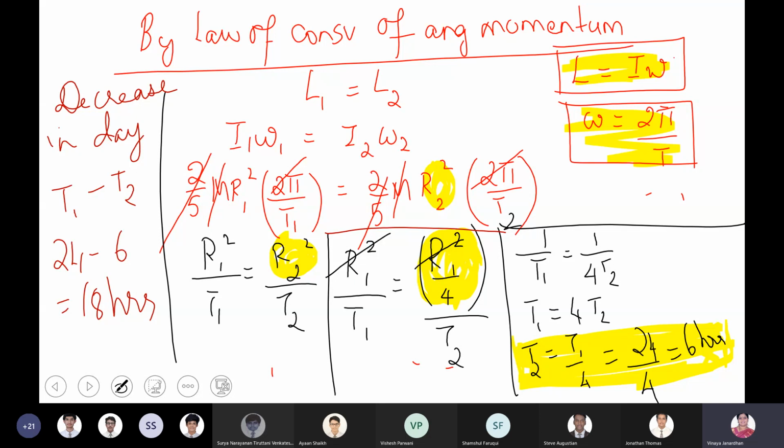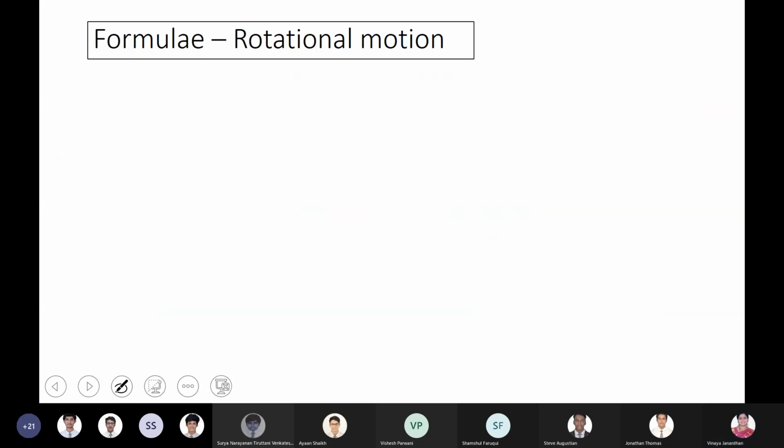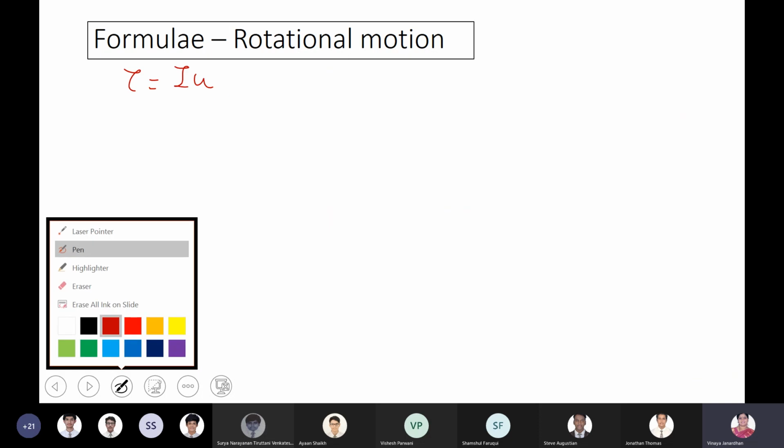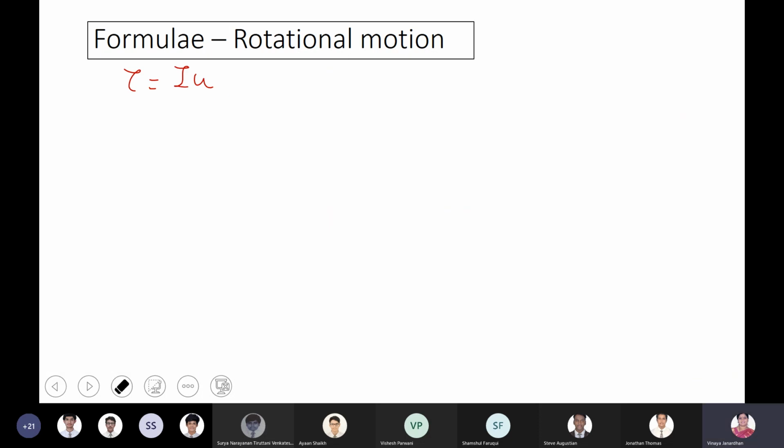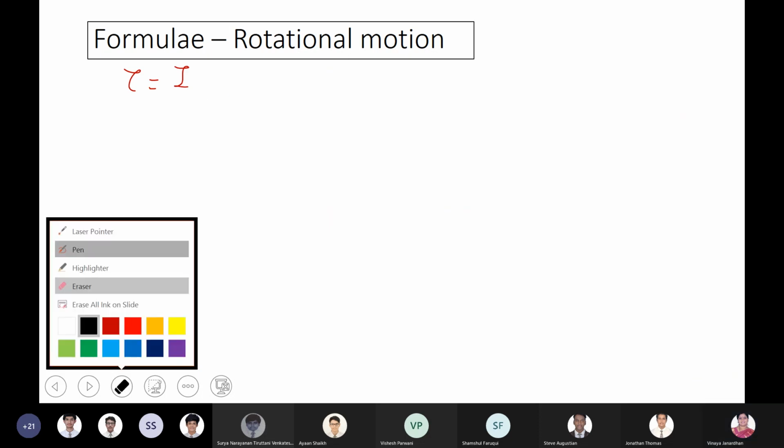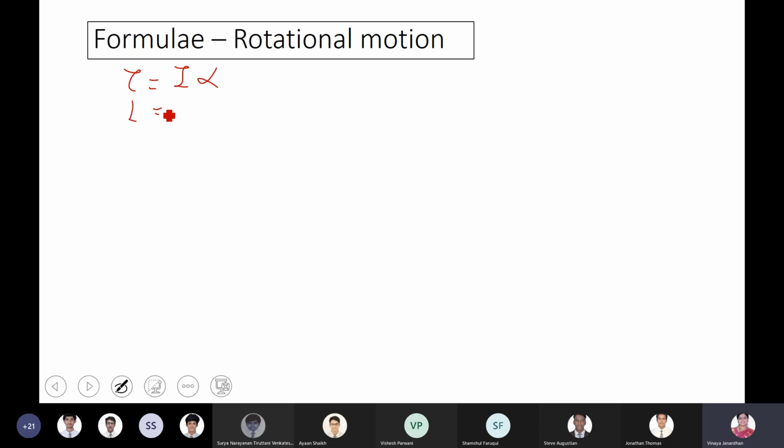Only thing is that you should know about the sphere. Okay, rotational motion. Should I write all the formulas? Shall we go for all the formulas? Okay. Tau is equal to I alpha. L is equal to I omega. This is torque. This is your angular momentum.